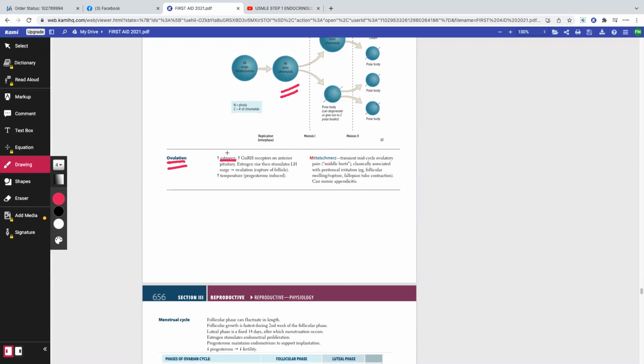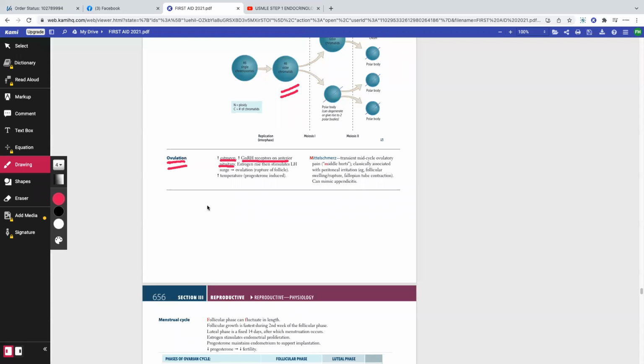So why do we get this? Because all of a sudden there's a sudden increase in estrogen and an increase of GnRH receptors on the anterior pituitary. This estrogen was supposed to decrease luteinizing hormone, but what happens is that estrogen turns from inducing a negative feedback to a positive feedback.